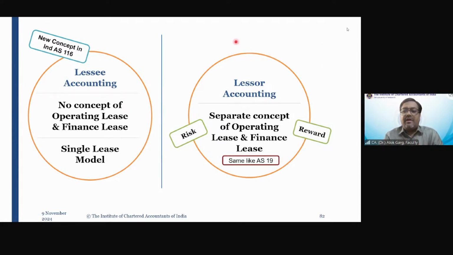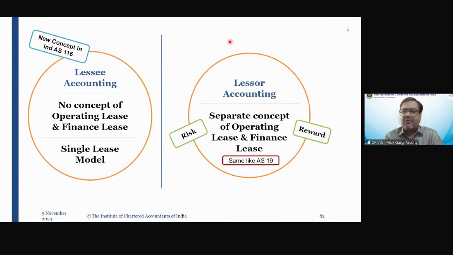So lessor accounting. First of all, if you compare the lease accounting in Ind AS 116 with the earlier concepts in India, which was AS 19, we had operating lease and finance lease.